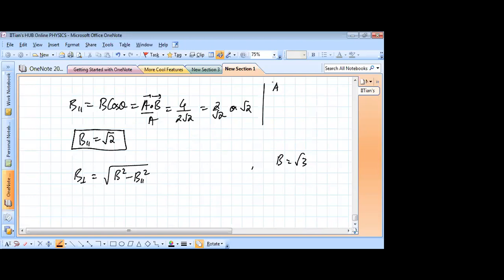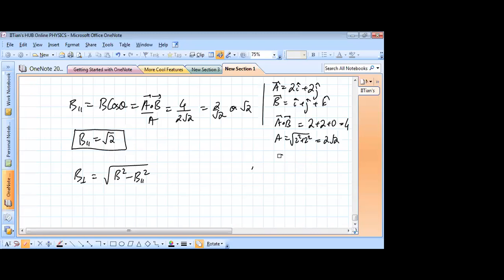Because remember that A was the vector 2i cap plus 2j cap, and B was the vector i cap plus j cap plus k cap. So A dot B was 2 plus 2 plus 0, so that's 4, and mod A was root of 2 square plus 2 square, that is 2 root 2, and mod B is similarly square root of 1 square plus 1 square plus 1 square, so root 3.